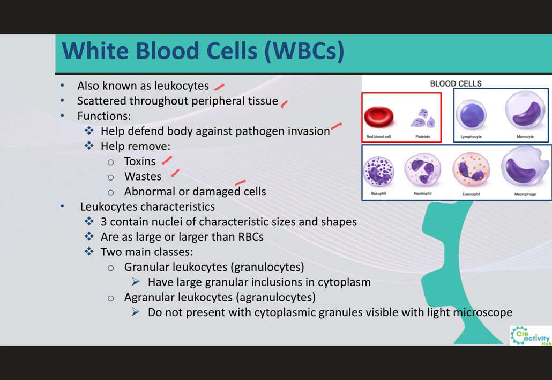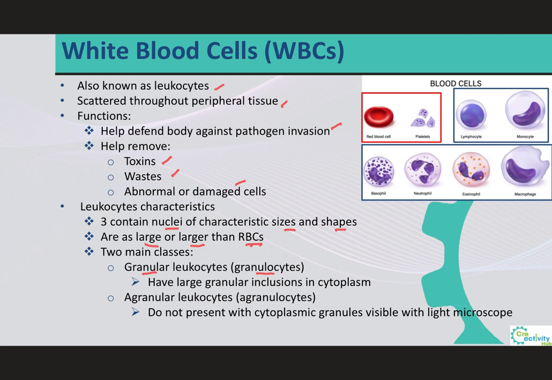White blood cells contain a nucleus that will have a characteristic size and shape depending on the cell. But all white blood cells are as large as or larger than the red blood cells. There are two major classes of leukocytes. We call them granular leukocytes or granulocytes, which are the ones that we're covering in this learning outcome.